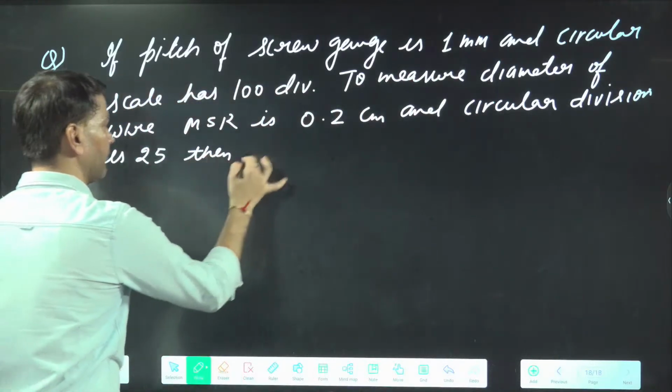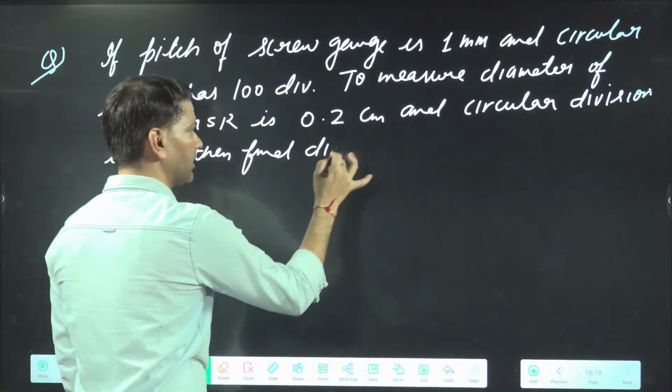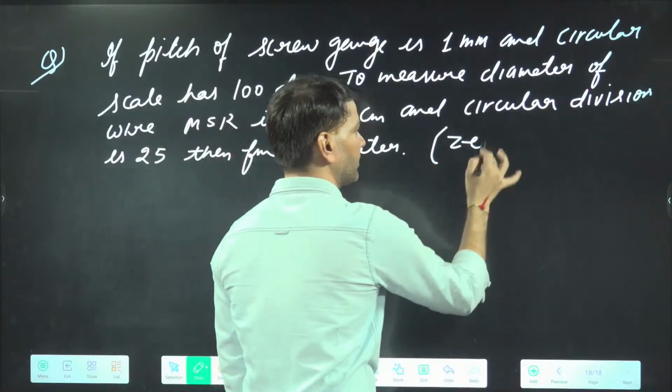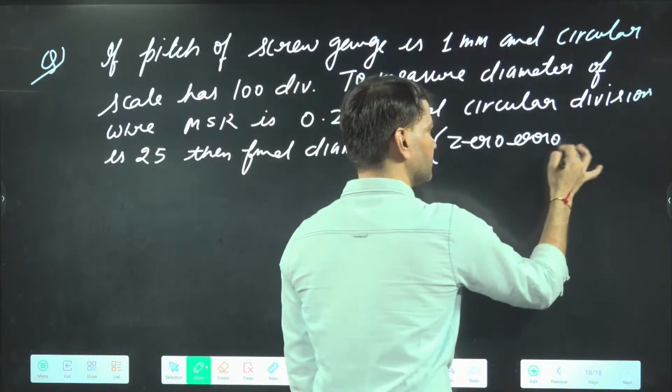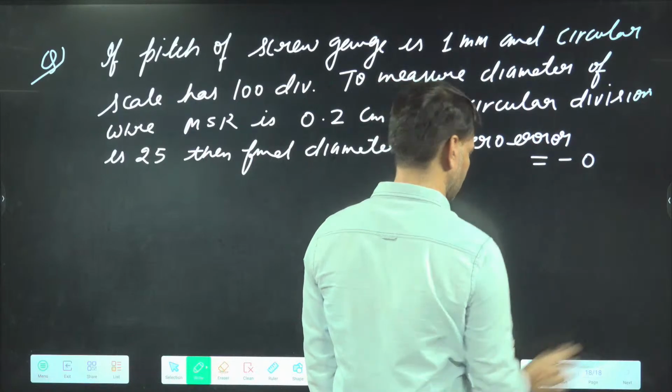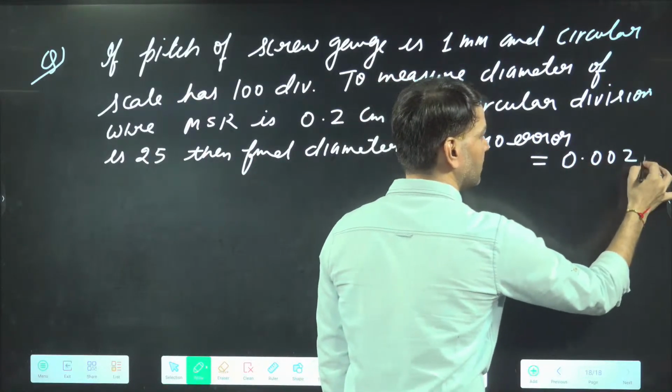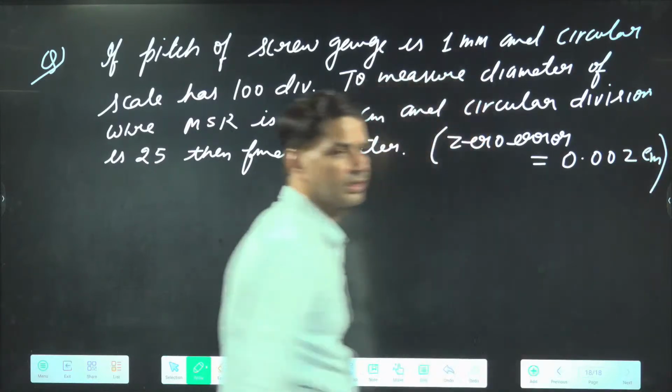Then find the diameter of the wire. Okay, if a zero error is given, minus I'll give the plus 0.002 centimeter.